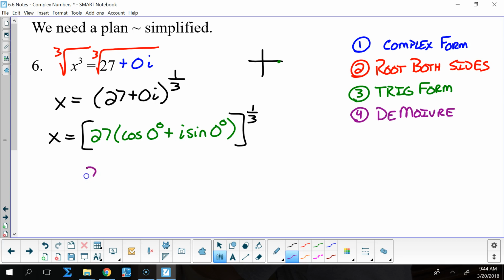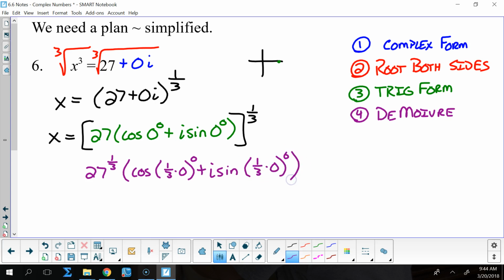So that's going to be 27 to the 1/3 power times the cosine of 1/3 times 0 plus i times the sine of 1/3 times 0. 27 to the 1/3 power is three, right?